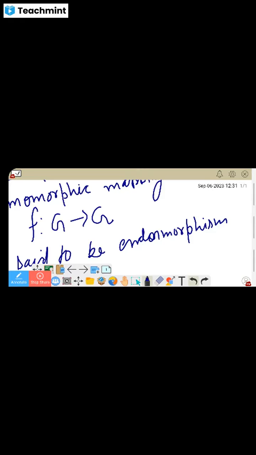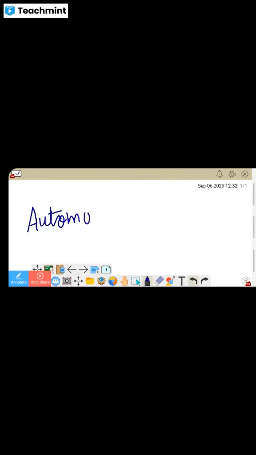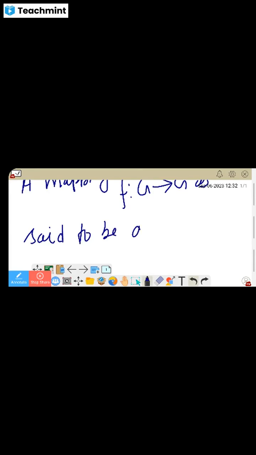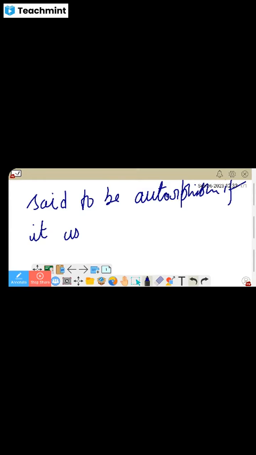Next is automorphism. A mapping F from G to G is said to be automorphism if it is bijective.